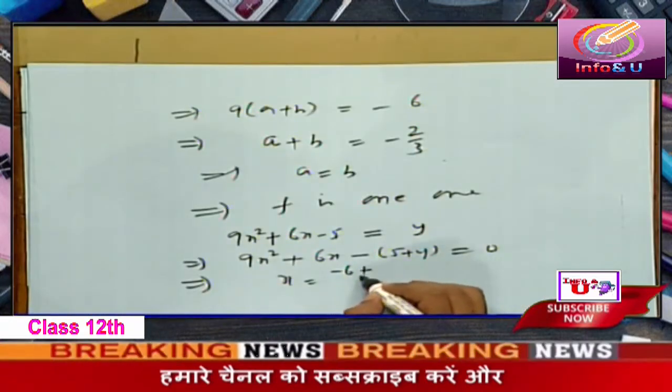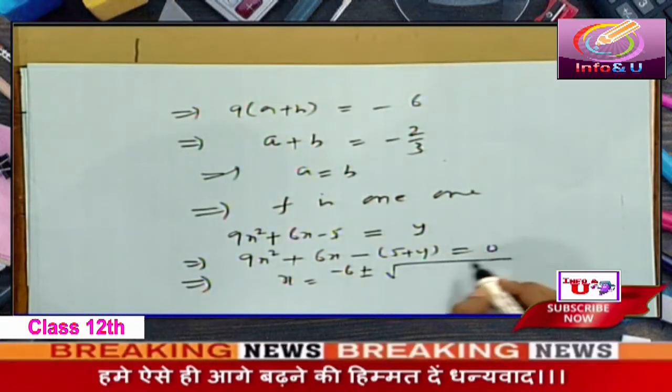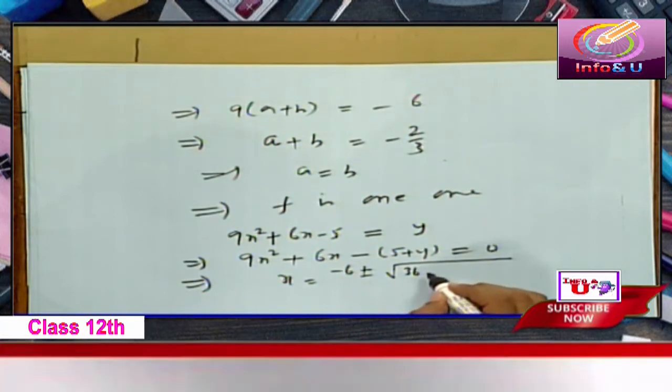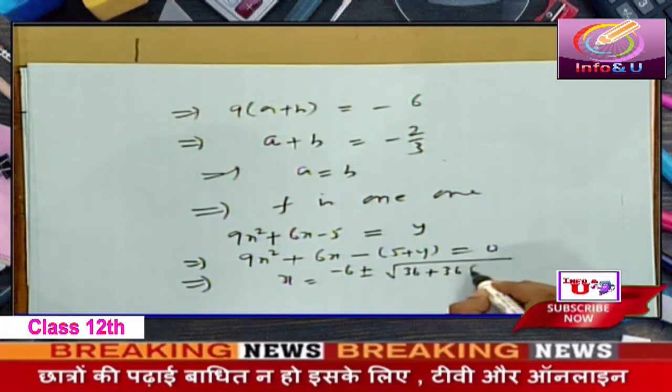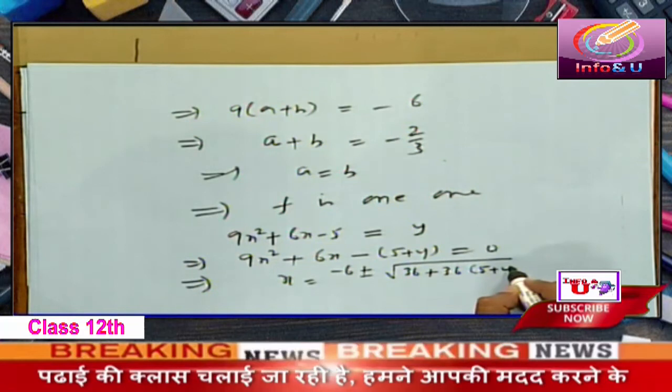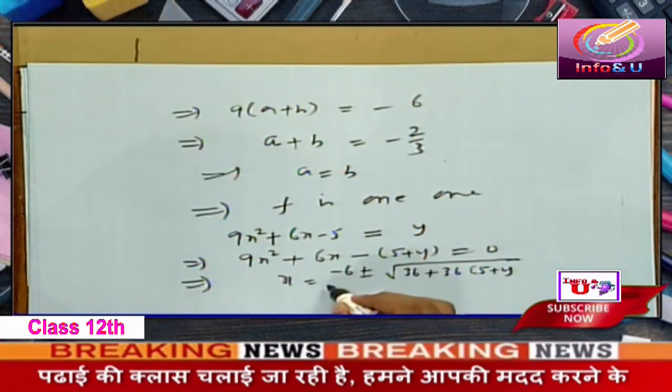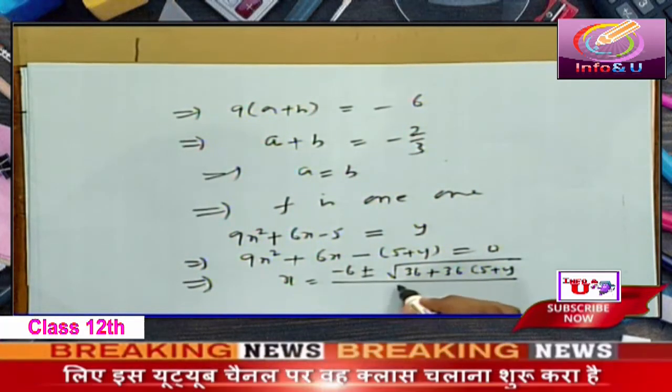By the formula for a quadratic equation, we have x equal to minus 6 plus or minus root of 36 plus 36 times (y plus 5), upon 18.